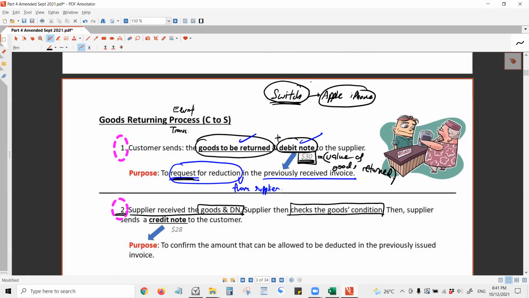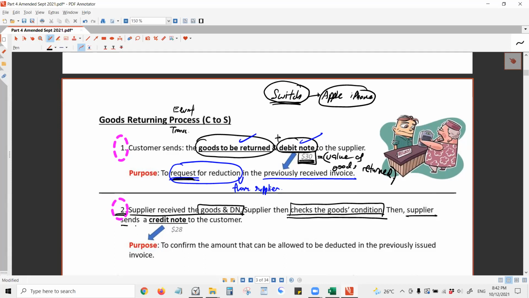So do you have to check the condition of the phone? Yes, right, to verify whatever the customer said to us is correct. Whatever problem the customer describes to us about the phone, we have to check it, right? So therefore, you have to check the goods condition whenever a customer returns the goods.